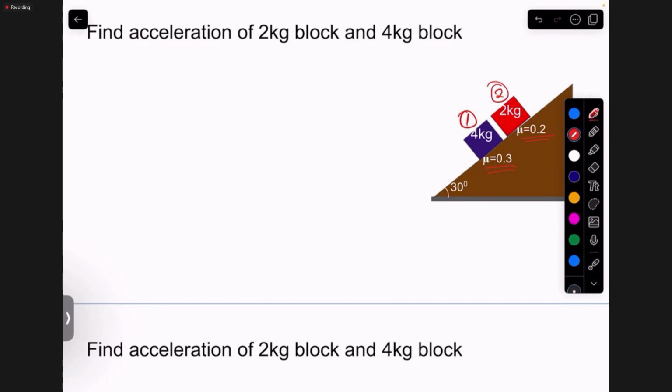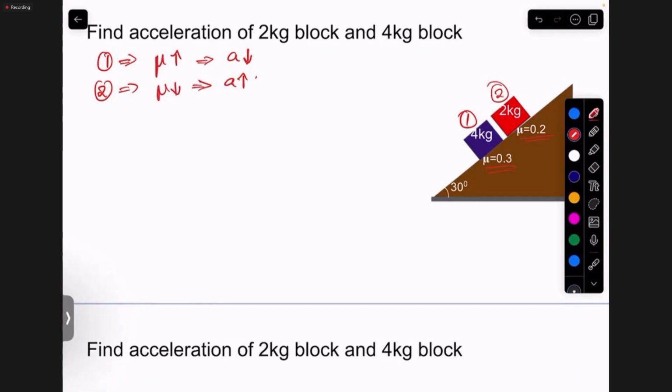And you can see for block one, what is happening? For block one, mu is larger, so acceleration will be smaller. For block two, mu is smaller, so acceleration will be larger. So what will happen when two blocks are sliding down this incline?